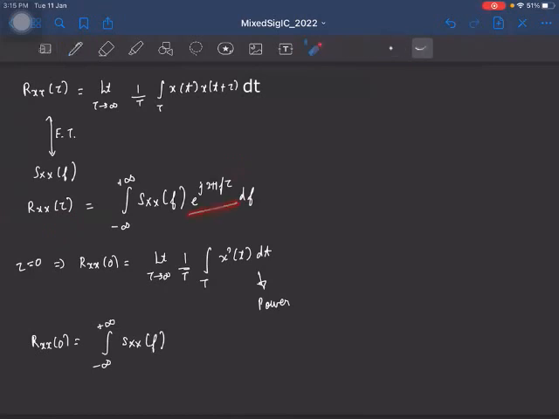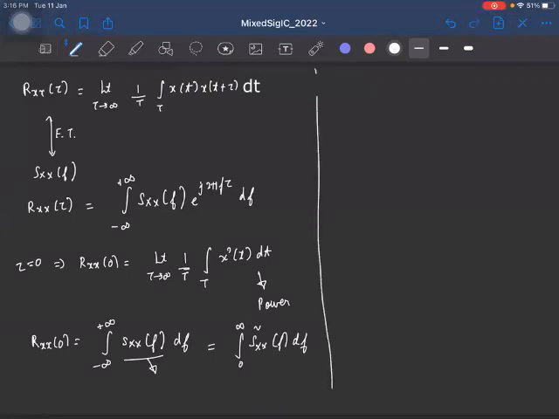Since tau is 0, this becomes 1 times df. Well, this power spectral density here is a two-sided power spectral density. So if I have only a one-sided power spectral density, I will simply write the integral from 0 to infinity of the one-sided power spectral density, which I'll call with the symbol S tilde of f, df. Similarly, in the discrete time case, we'll have something similar.